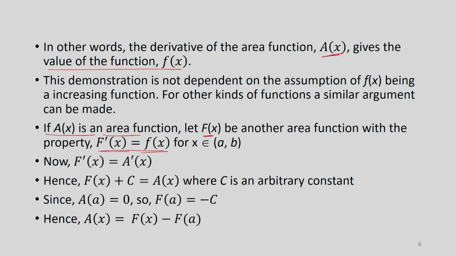Same relationship holds means, remember, for A(x), A dash of x is equal to f(x). But suppose there is another function F(x) for which also F dashed of x is equal to small f of x for all x belonging to a to b. Now, if this is correct, what you are essentially saying is that F dashed of x is equal to f(x), and at the same time A dashed of x is equal to f(x). Therefore, from these two I can conclude that F dashed of x is equal to A dashed of x.